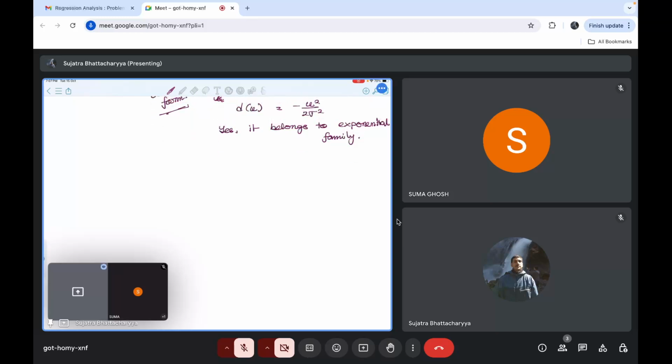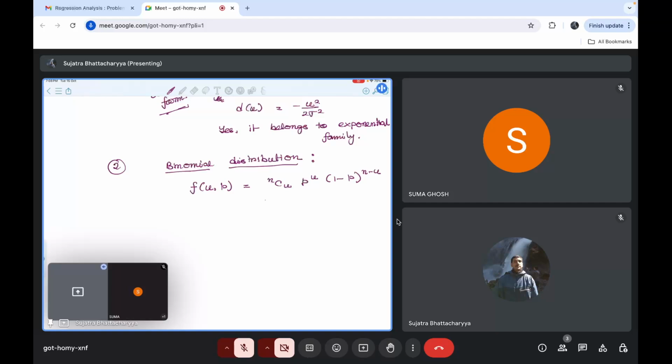Okay, next, the second distribution, which is the binomial distribution. Here, u is the random variable, p is the parameter of interest, and the pmf is nCu p to the power u, 1 minus p to the power n minus u.